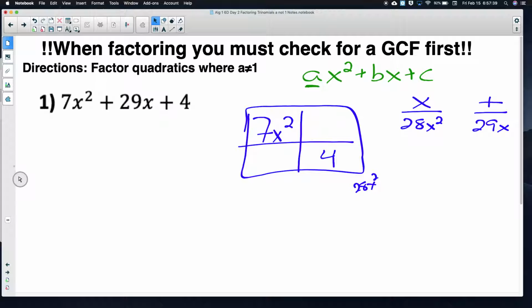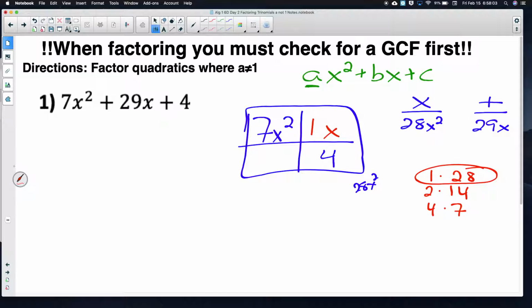So if I list the factors of 28, and I know that they have to multiply to give me a positive and add to give me a positive, so both my numbers are going to be positive. I can see 1 times 28 is 28, and 1 plus 28 is 29. So I'm going to fill those values into my box.